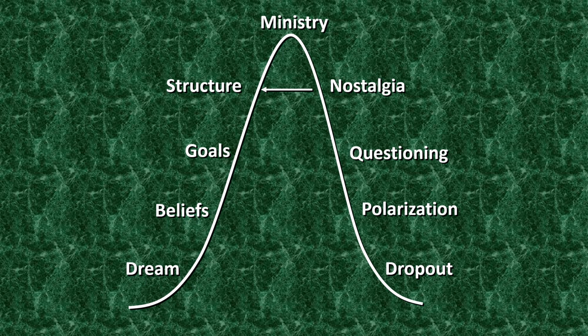And what about the diagnosis and the cure and the prevention? Well, these really are all about the same things. We must dream our dream again. About every 7 years, a church must reach the point of developing a new vision.